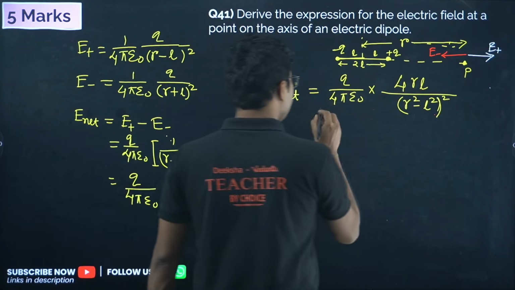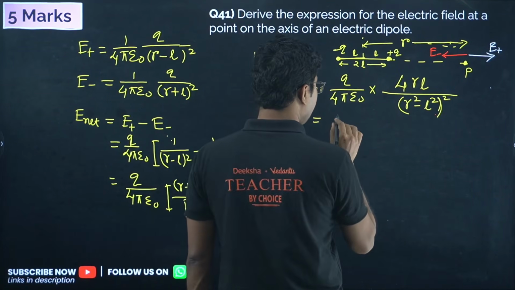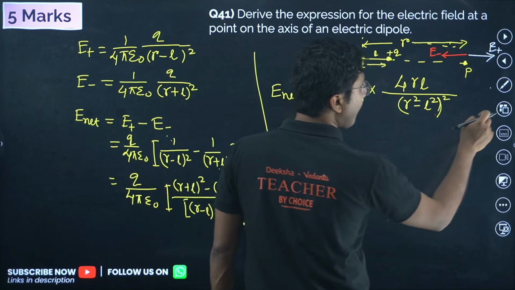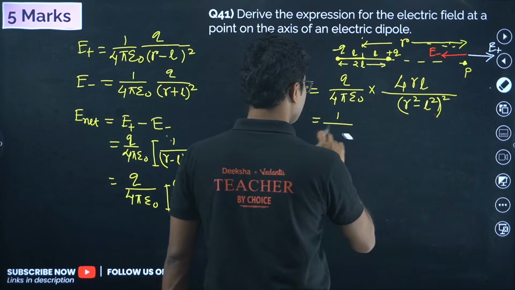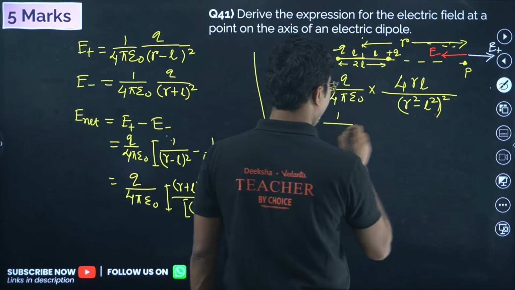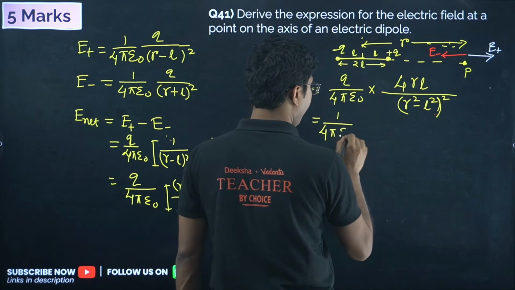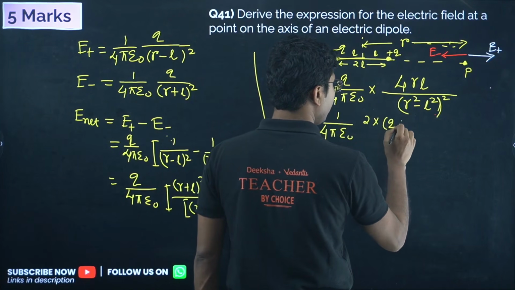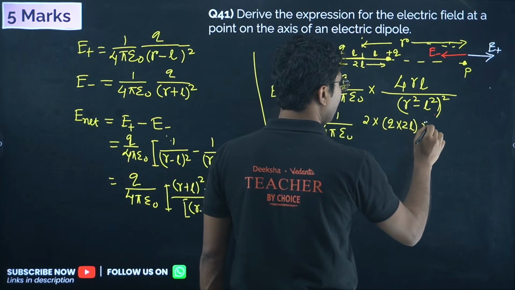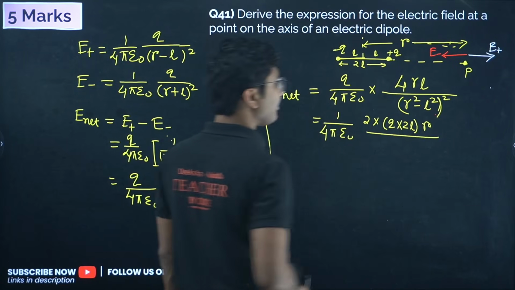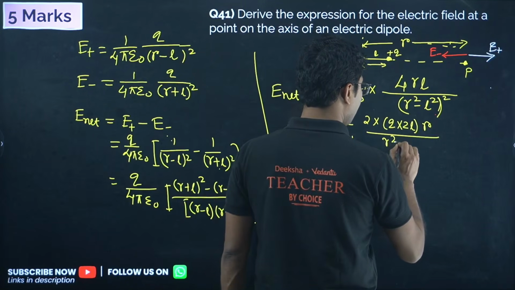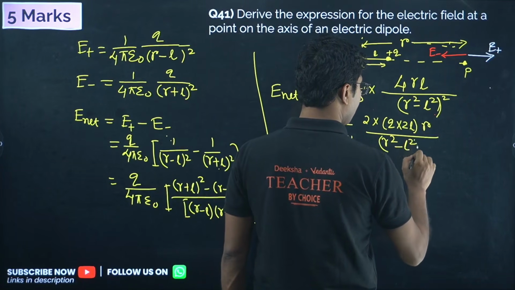Now let us simplify this. Let us write the way I am writing, 1 by 4 pi epsilon naught, 2 into q into 2l into r, exactly the way I am doing, do it like that, and (r square minus l square) whole square.